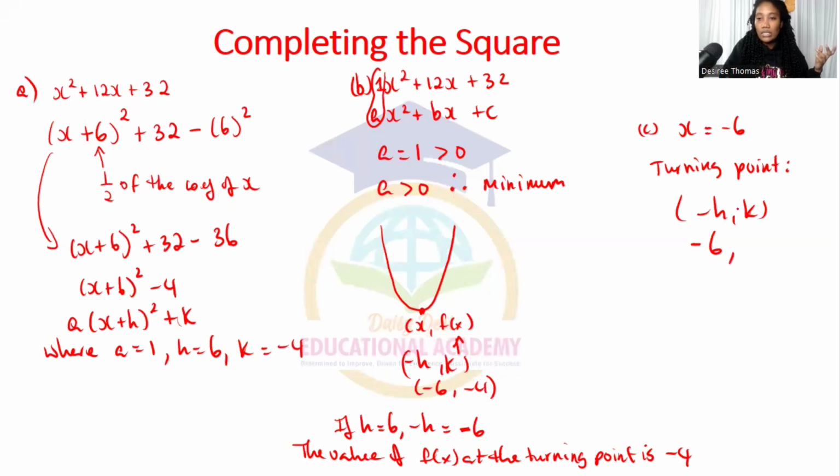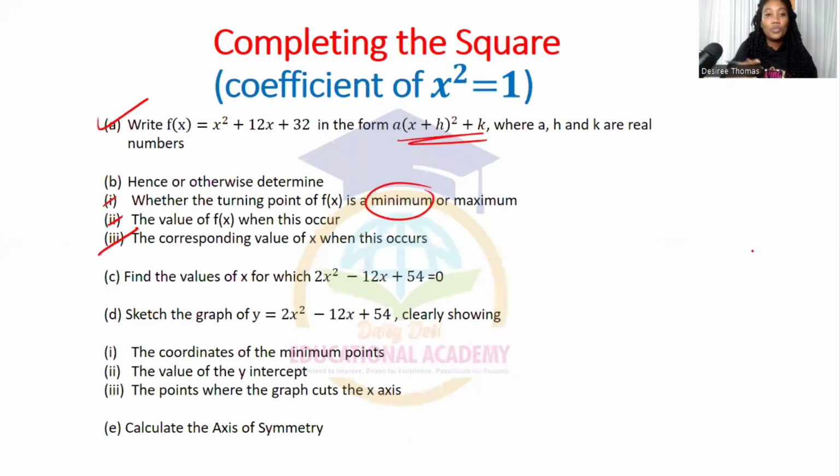And we worked out k to be minus 4. So to determine the value of f of x when the turning point occurs, this here is always our f of x, and this here is always our x. So this is the x value when the turning point occurs, and this is the f of x value when the turning point occurs. They just use fancy terminologies.